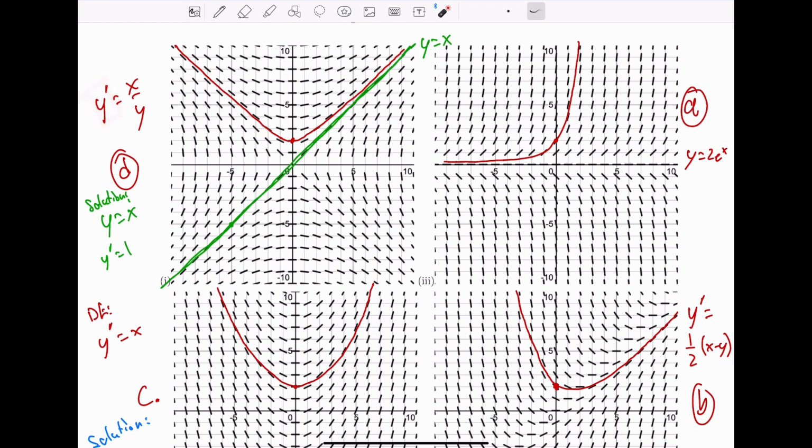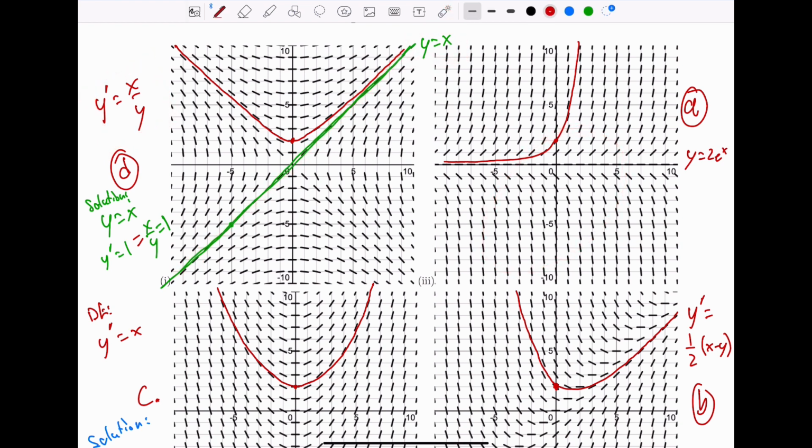So y prime equals 1, and then x over y. Well, if x equals y, then I could write that as y over y. That's 1. So notice that y prime equals 1, x over y equals 1, so x over y equals y prime. Therefore, y equals x is a valid solution to this differential equation, as we can see from the slope field here. Okay, next example here.